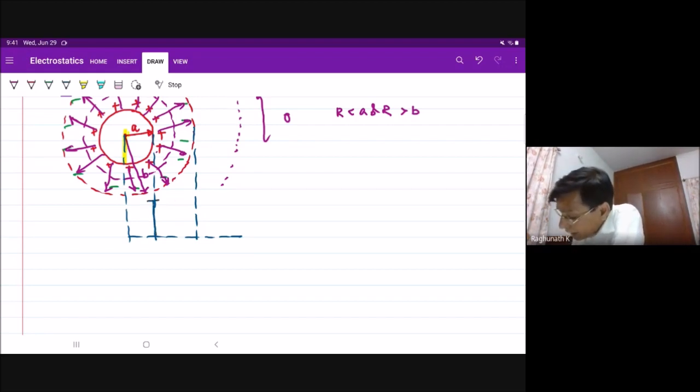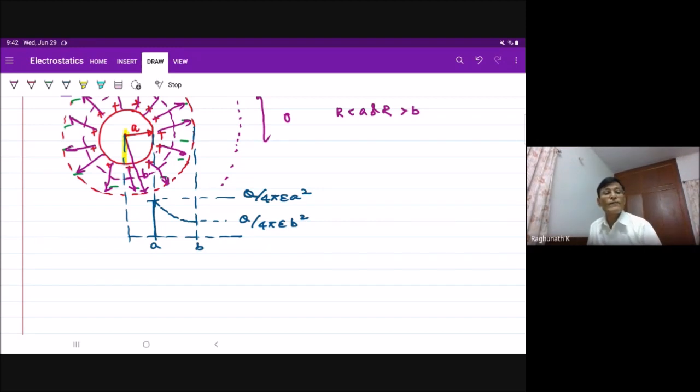It jumps from 0 to the value q by 4 pi epsilon A squared. In between it is q by 4 pi epsilon r squared. Ultimately at B it is q by 4 pi epsilon B squared. Correct? This is how the field strength varies.